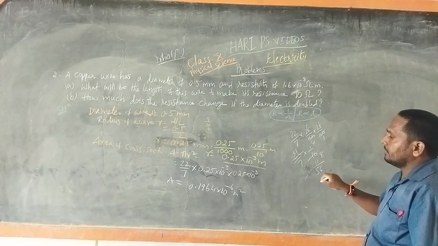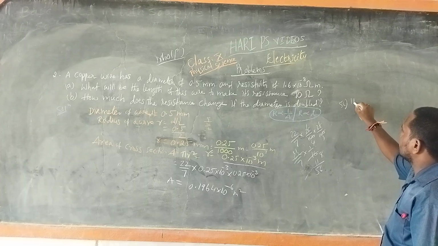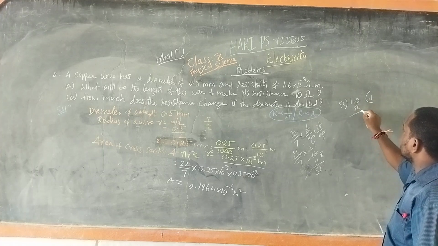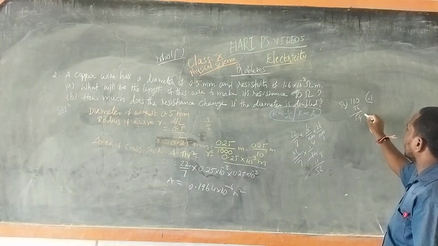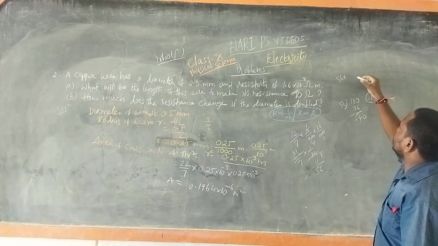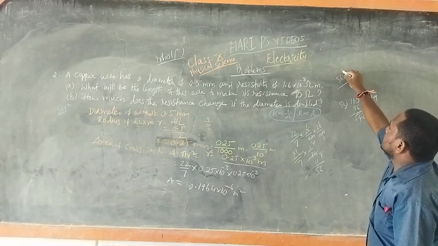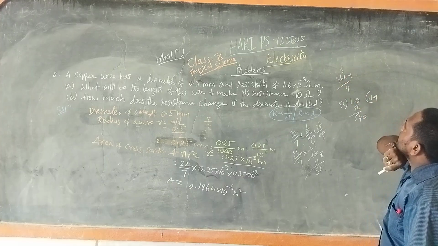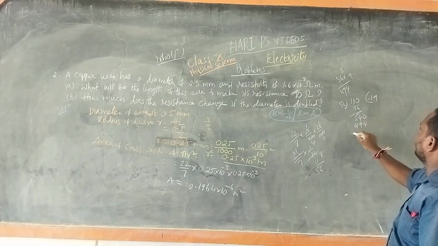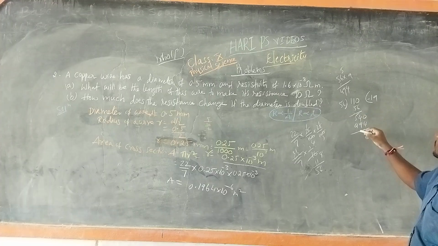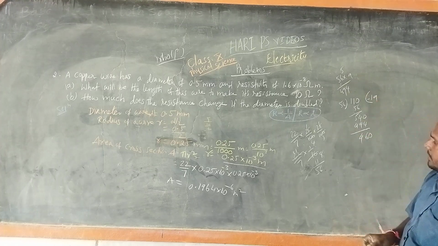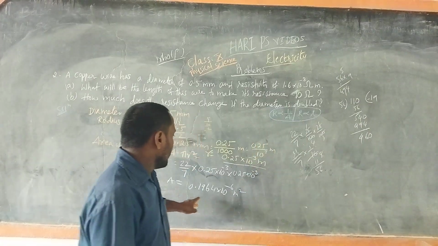Now 11 by 56. Whenever the number does not divide, we put a 0 and continue. 56 goes into 110 once, and 56 into 540, 9 times. 9 sixes are 54, 9 fives are 45, plus 4 is 49, giving 494. Then again we write 0 and simplify to get 0.1964.